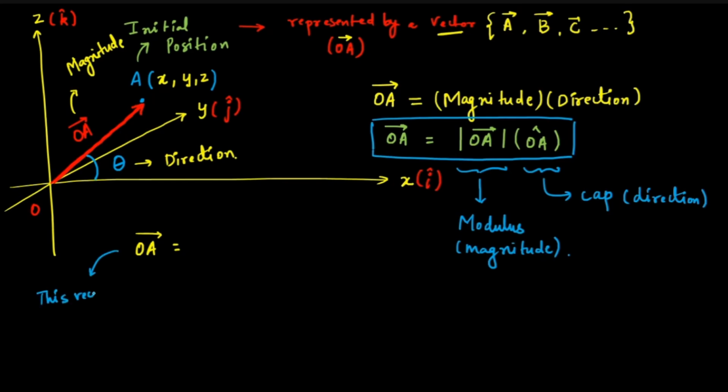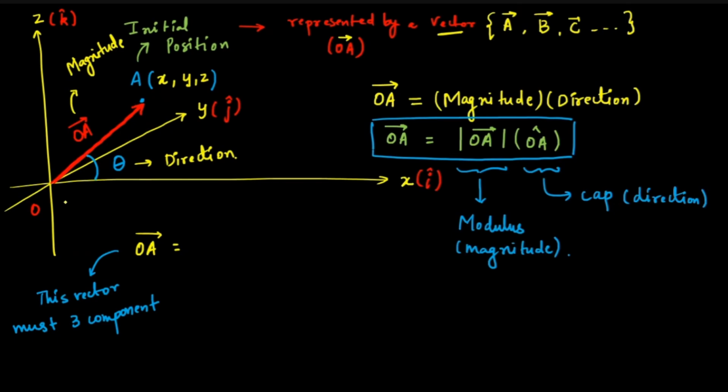Those three components represent how much this vector exists in specifically x-axis, y-axis, and z-axis. So this is something which is represented by the coordinates itself. Like for example, OA vector can be represented by the difference between the coordinates of A and O.